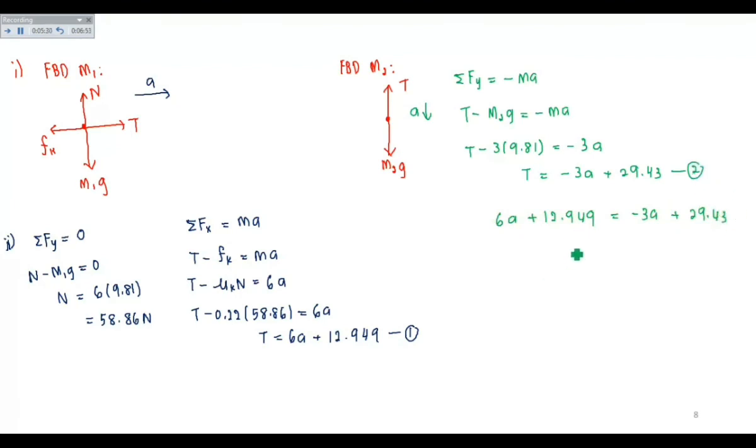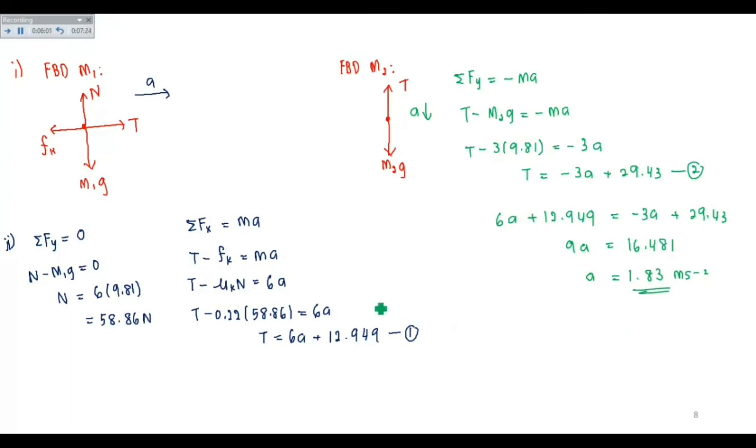So it will be 9a equals to 16.481. So A equals to 1.83 ms^-2. Alright, so kita dah dapat value of acceleration equals to 1.83 ms^-2.